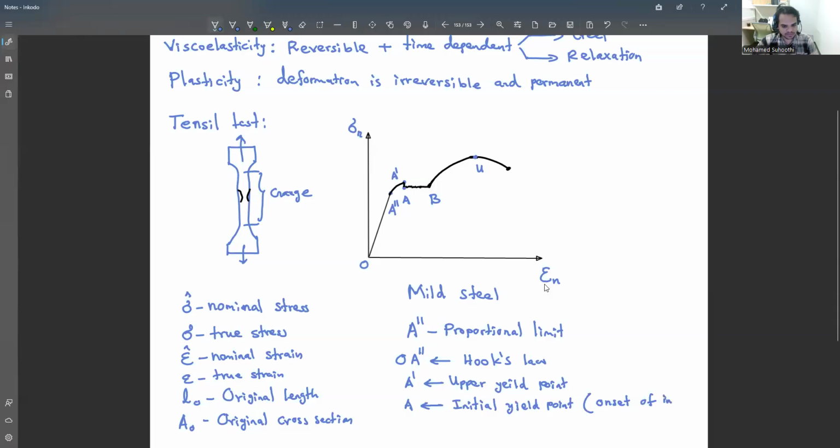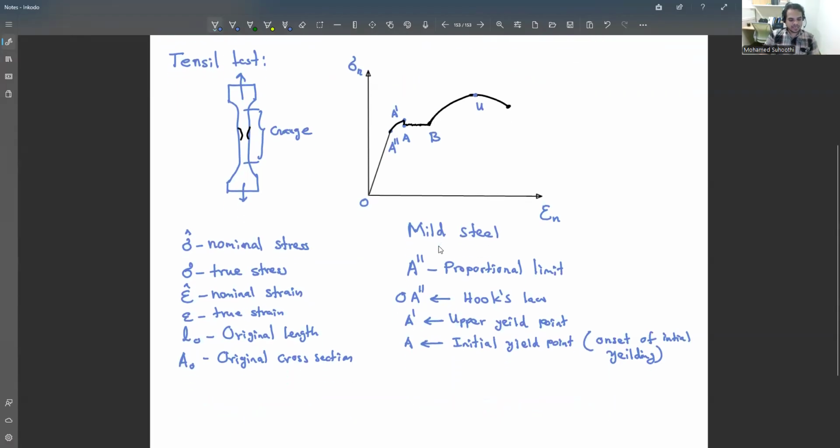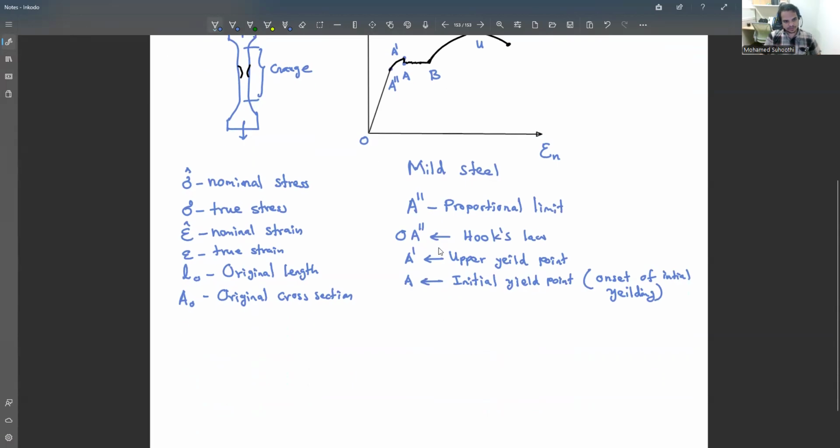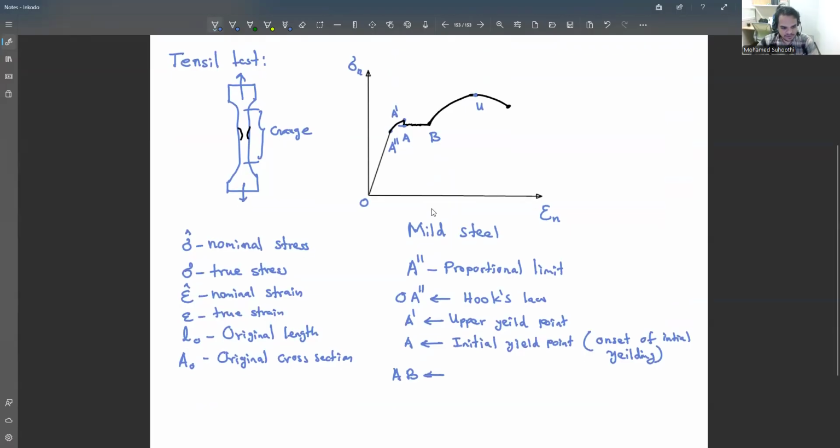Then the region AB: within this region, the stress is constant. Therefore here it is called perfectly plastic behavior.